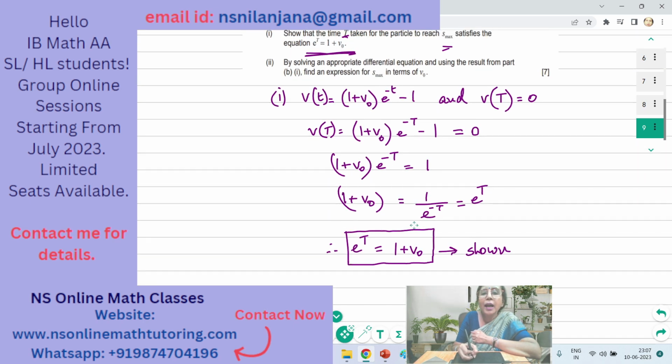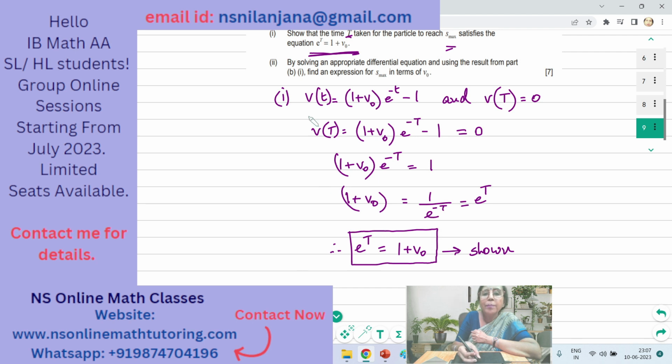This was subpart I, and now coming to the next subpart, which says, by solving an appropriate differential equation, another differential equation we have to solve, and using the result from part B I, that e to the power of positive capital T is 1 plus V0, find an expression for S max in terms of V0.